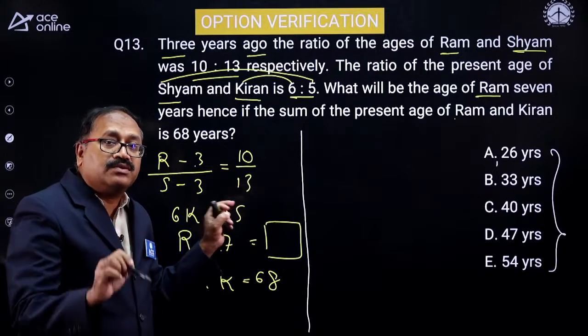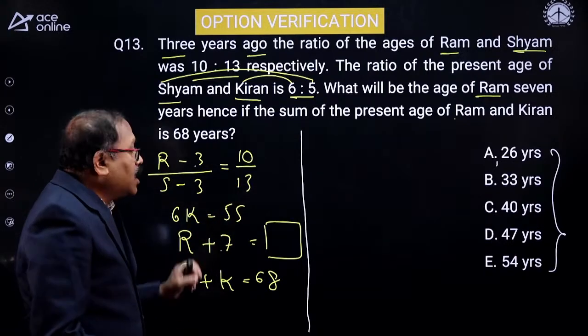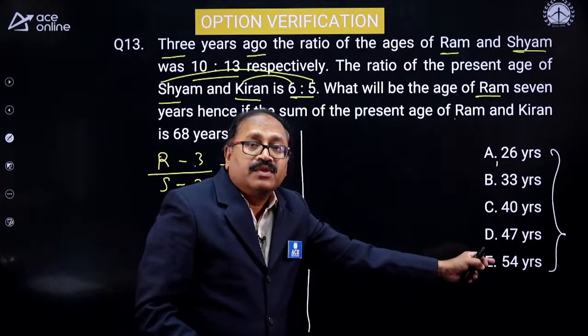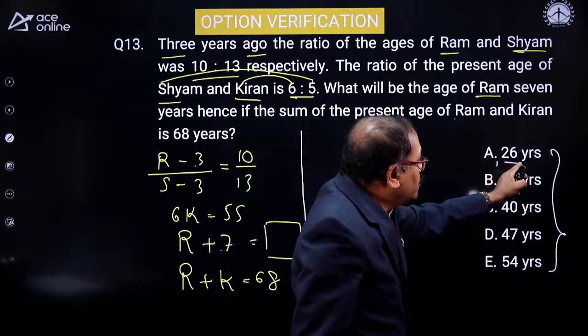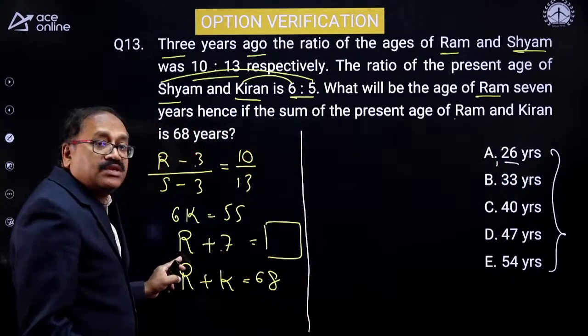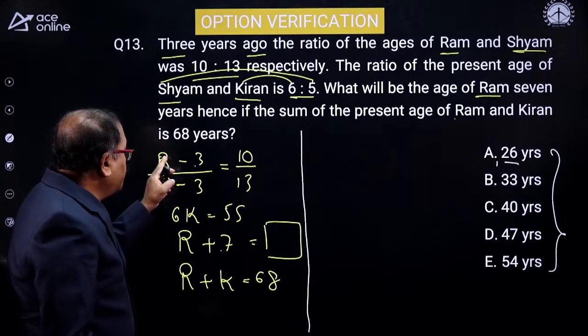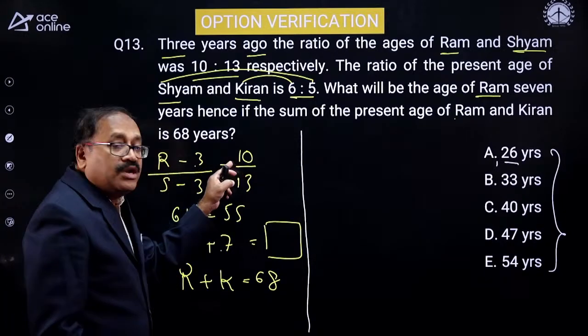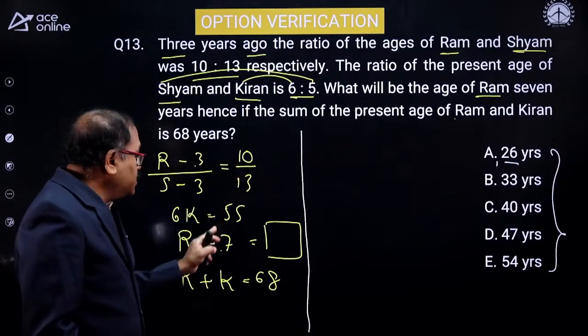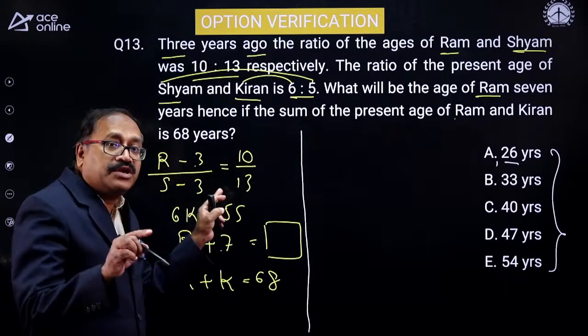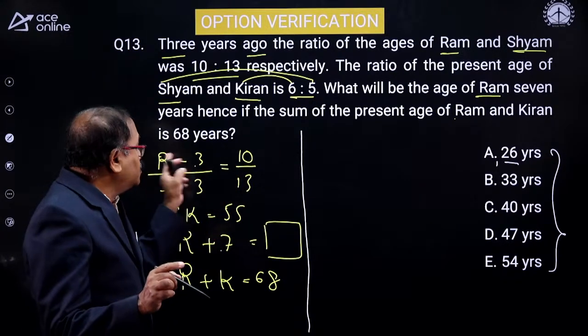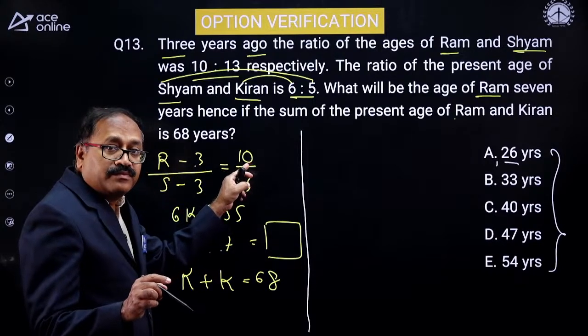Everyone carefully listen to this. Now Ram's age after 7 years is given. So from this if I take out 7, I will get Ram's age. And from Ram's age if I take out 3, it should be a multiple of 10. That means I will take out 7 and I will take out 3, and that should be a multiple of 10.